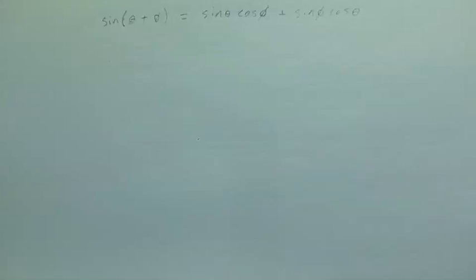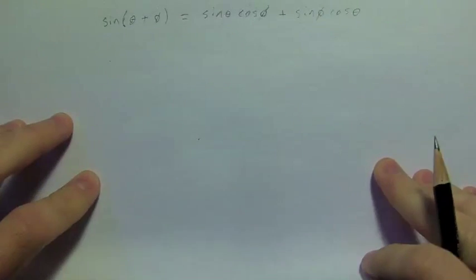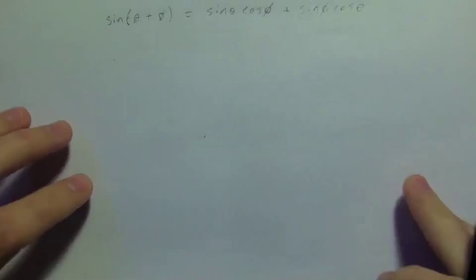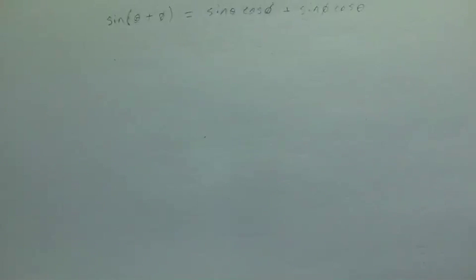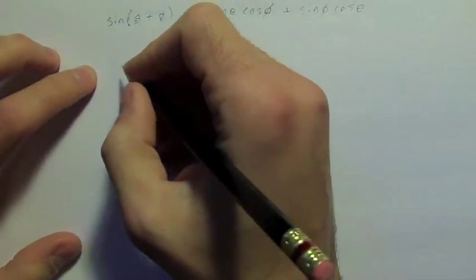Okay, this is the sum identity. There's sum and difference identities for trig functions, and we will actually need this identity to figure out the derivative of sine. So let's start here.